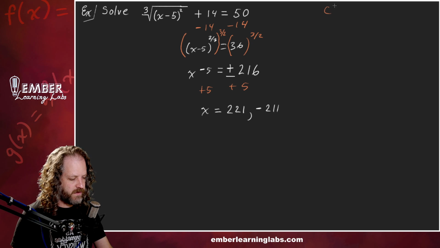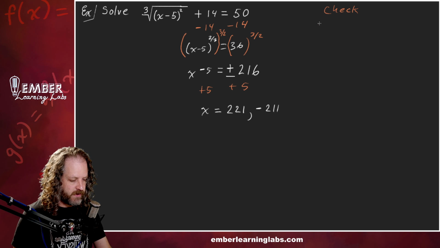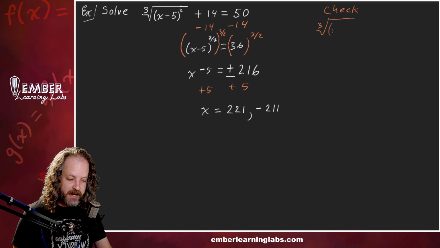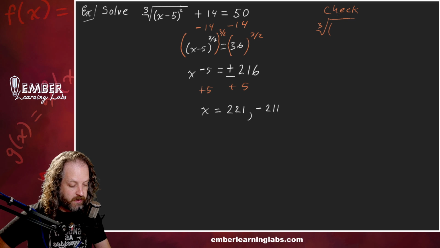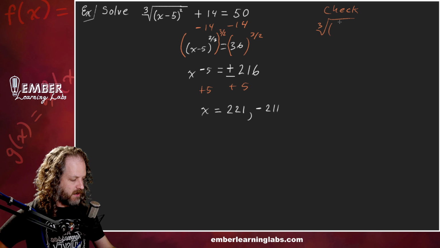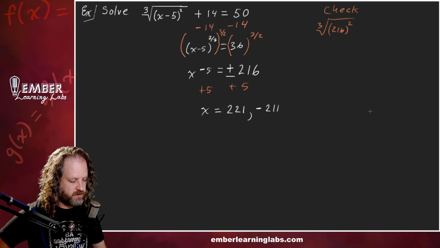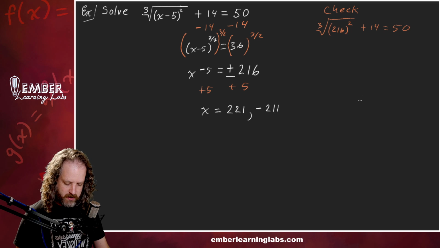So here's our check over here. Plug in 221. So 221 minus 5, we got the cube root of 221 minus 5, which is 216 squared, plus 14. So this is the opposite of what we did before, right?